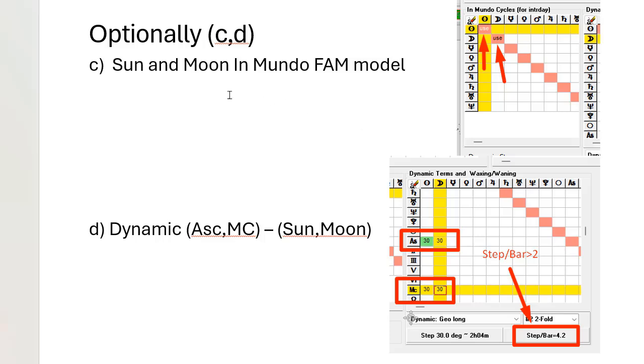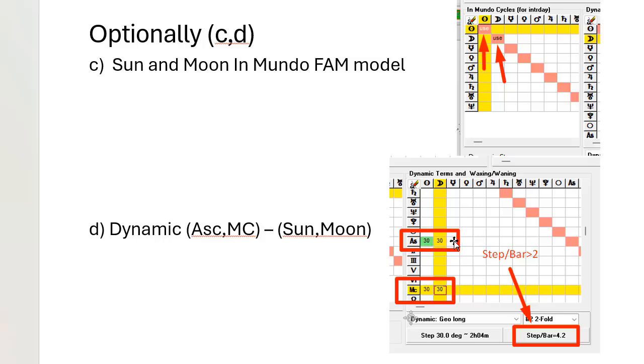Okay, this is Sun and Moon in Mundo, Zodiac FAM model. Here it is Sun and Moon, and Zodiac in Mundo for intraday. And also a dynamic model between ascendant, midheaven, Sun, Moon, like angle separation between ascendant Sun, ascendant Moon, midheaven Sun, midheaven Moon, for dynamic terms.